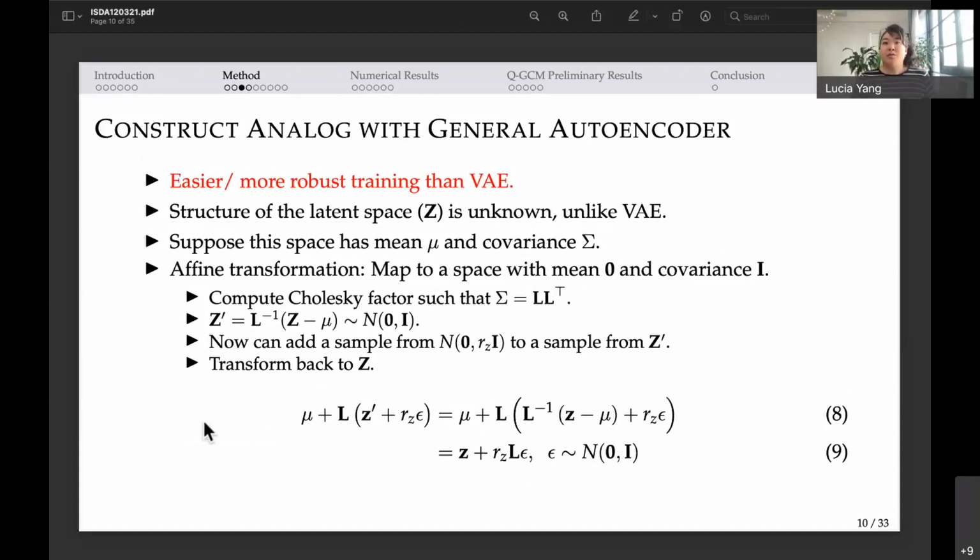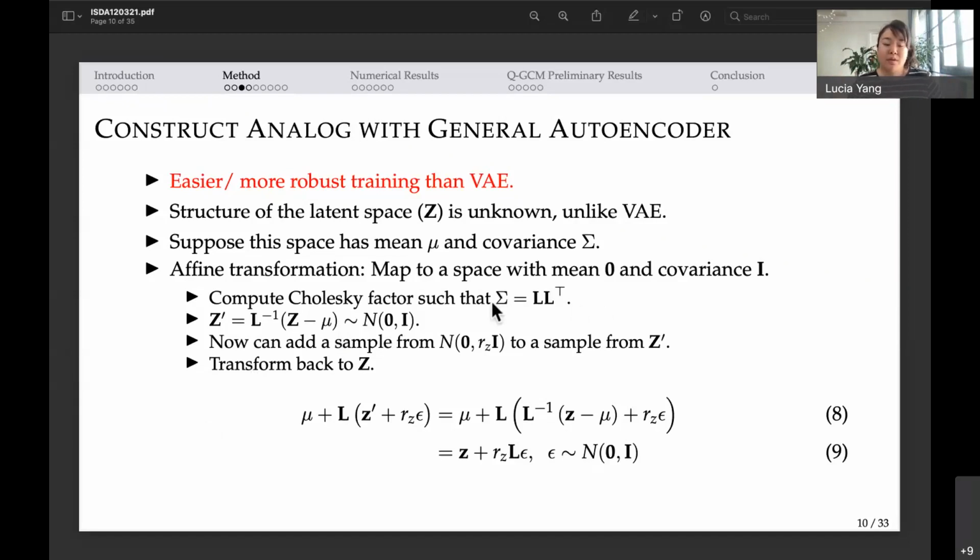So remember that in your training portion, you had used your historical data set to find this mapping from your data set to the latent space distribution. So what you do is you map your entire training set into the latent space and compute some statistics of that latent space. So you can easily figure out what the mean is and what the covariance is.